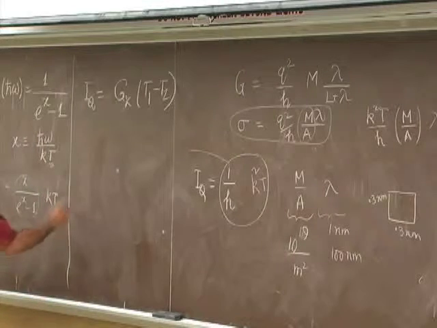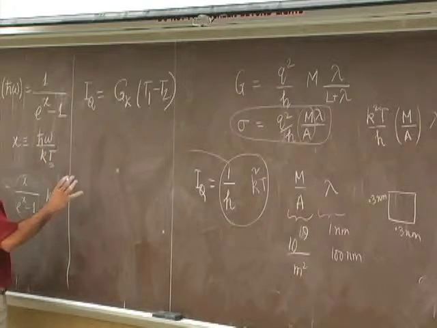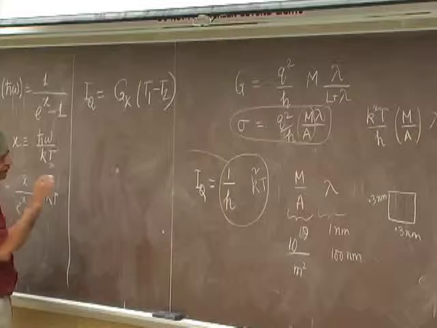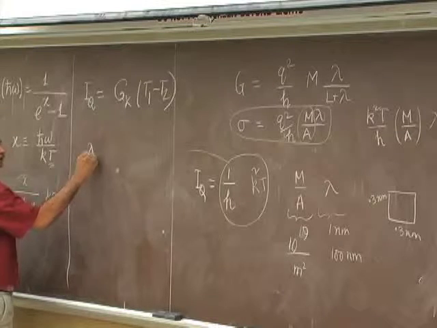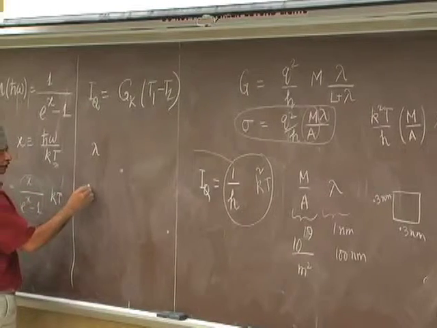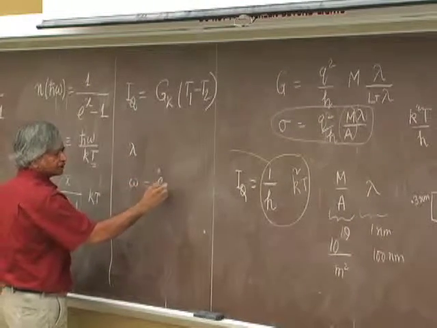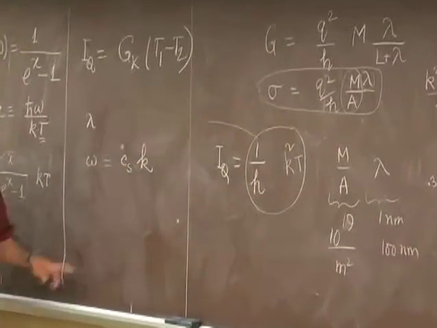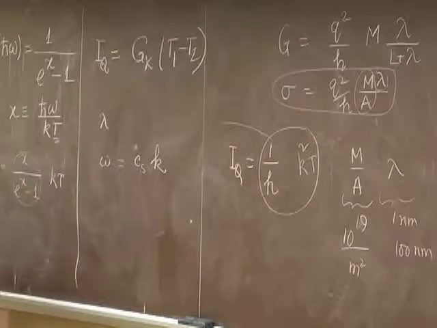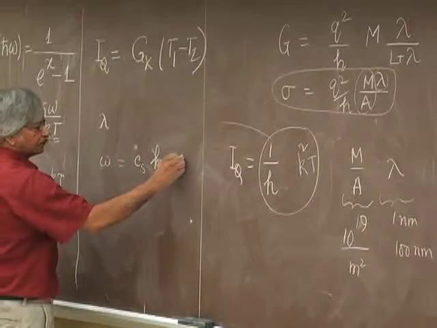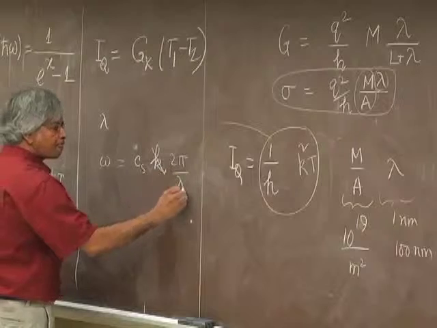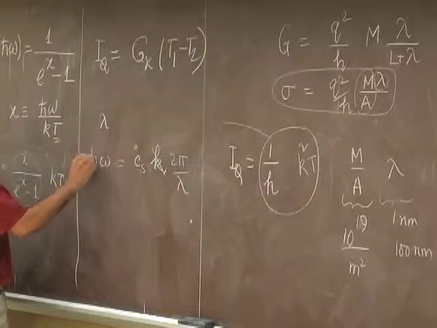Now, the argument with that one would be that you're trying to find the wavelength, let's say. With phonons, omega is equal to velocity times k. So this is the velocity of sound times k, and the k is like 2 pi over wavelength. And let's put h bar.